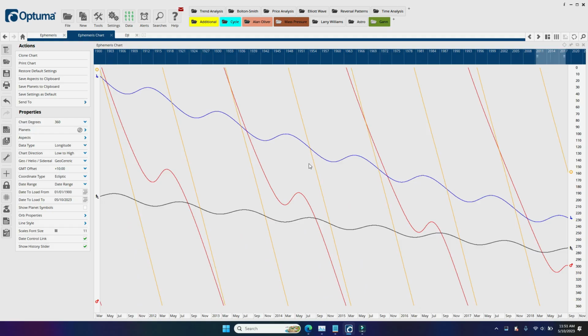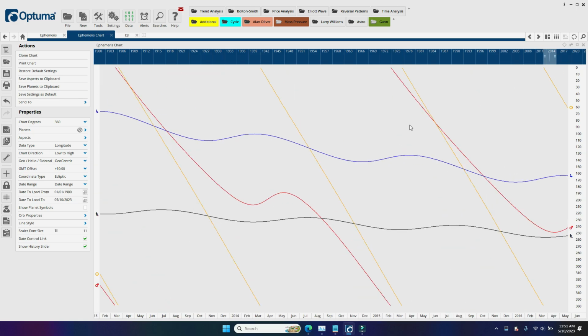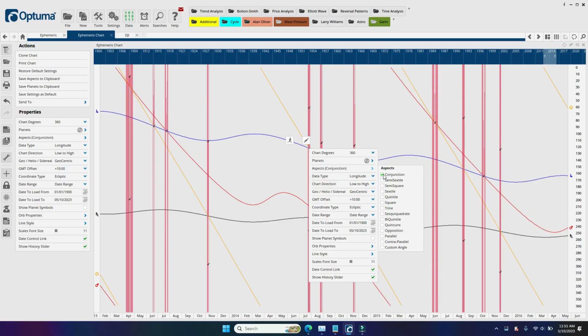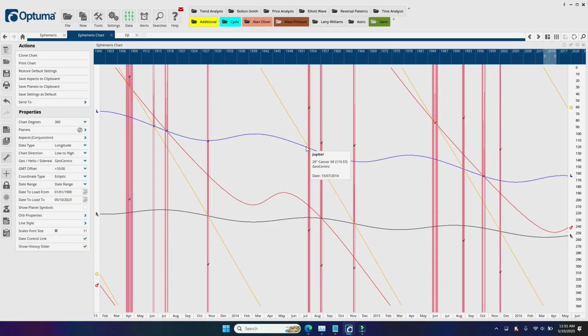So what happens in this period, where the chart shows Jupiter moving through the sun? We can see what that is by popping on our aspects. And it appears that we have a conjunction of Jupiter and the sun. Then over here, we again have a conjunction of Jupiter and the sun.